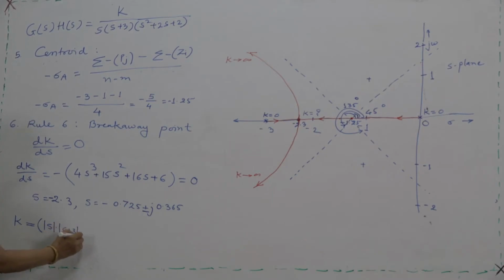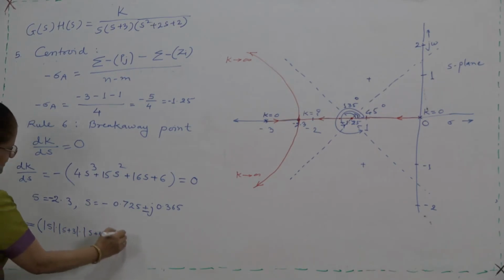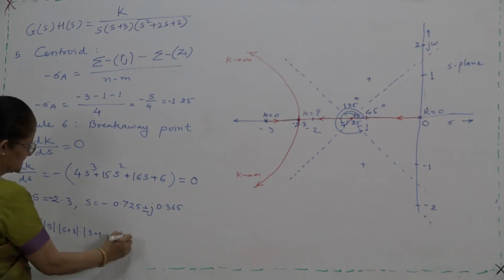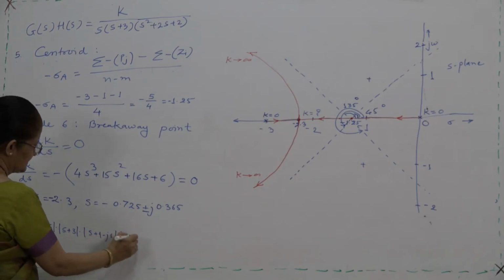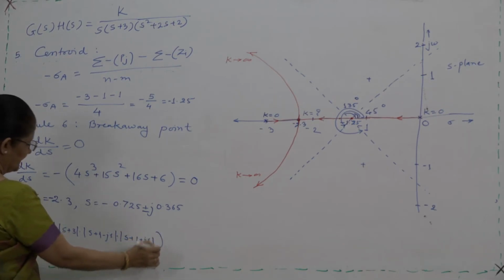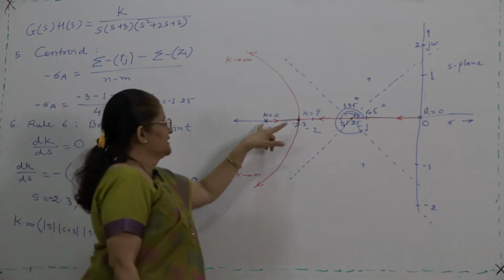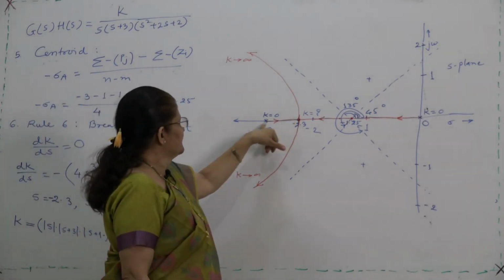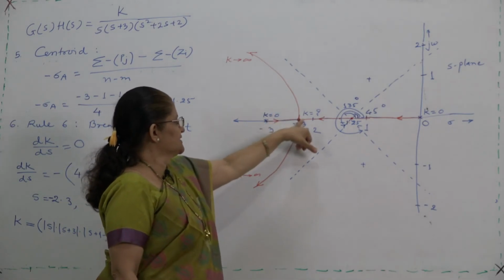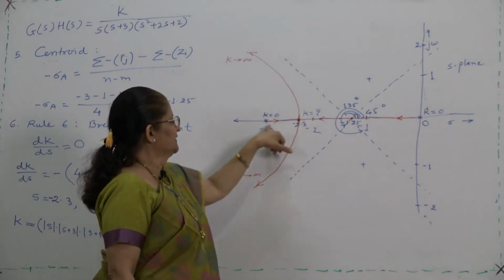As there is no zero, only poles, we will write here the phasor from S only, that is when the pole is 0, multiplied by the phasor S plus 3, multiplied by S plus 1 minus j 1, and multiplied by S plus 1 plus j 1.